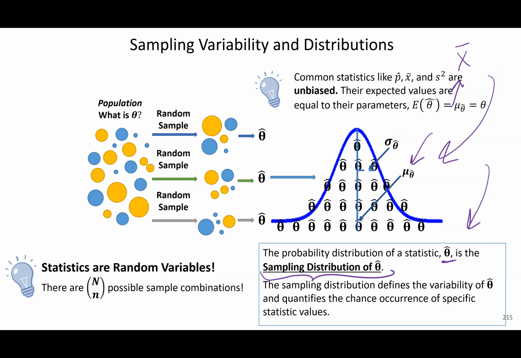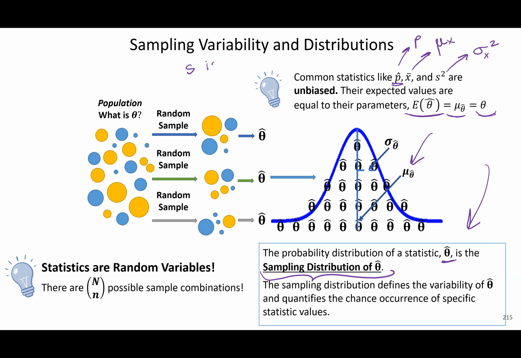There are some statistics here we really like to use a lot. P hat is unbiased for p, x bar is unbiased for mu, and s squared, or the sample variance, is unbiased for the variance. When we say they're unbiased, that means on average we'll get the value of the population parameter we're interested in estimating.